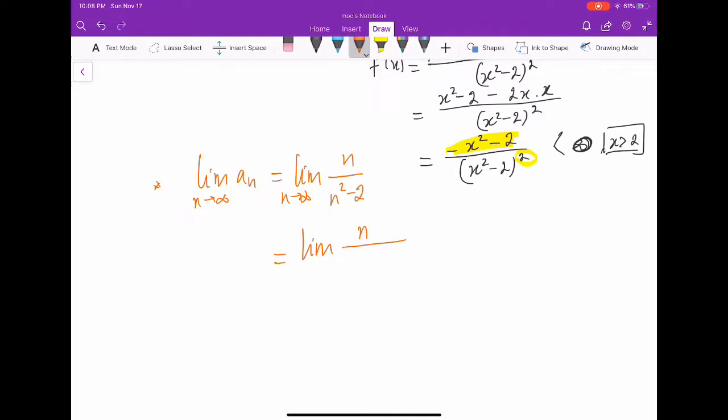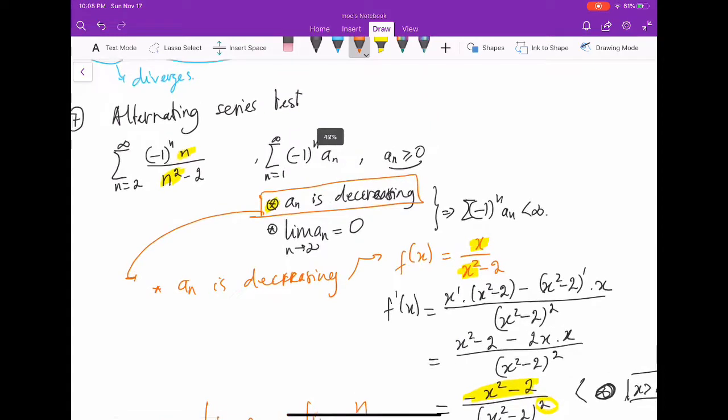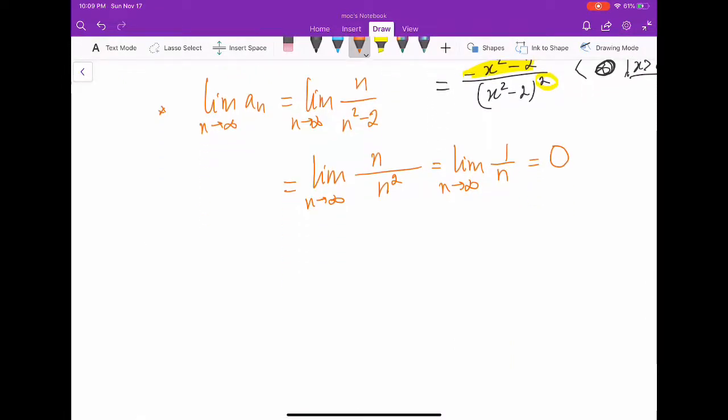On the top, you have n. In the bottom, you have n squared, right? As n approaches infinity, this is just the limit of 1 over n, and that is 0. So we are done, right? We already checked the second condition right here. So this series satisfies these two conditions, so by the alternating series test, the series converges.